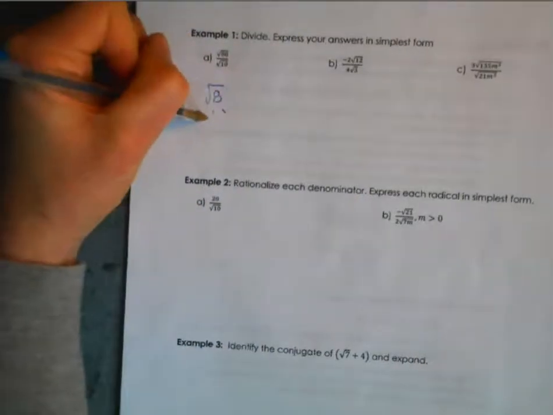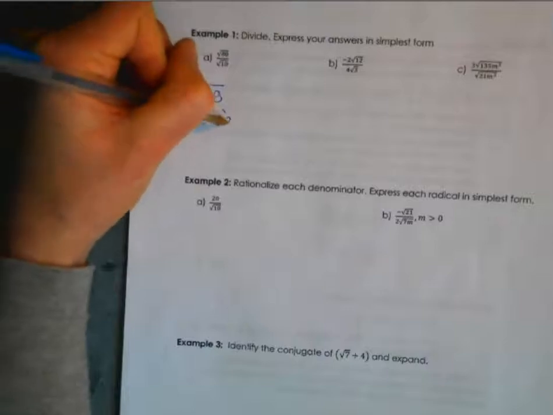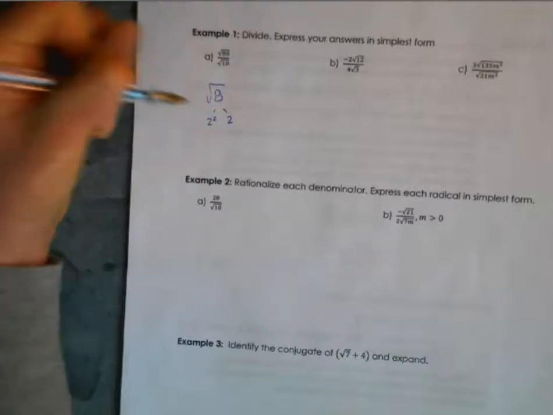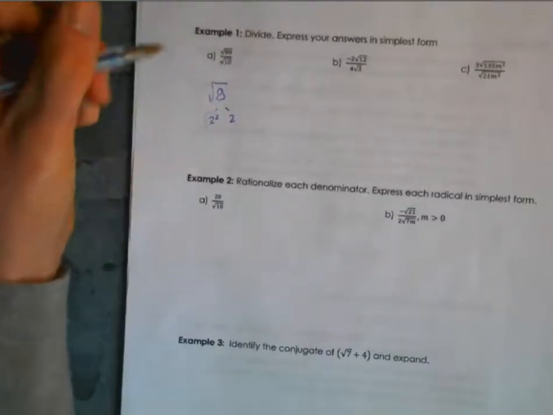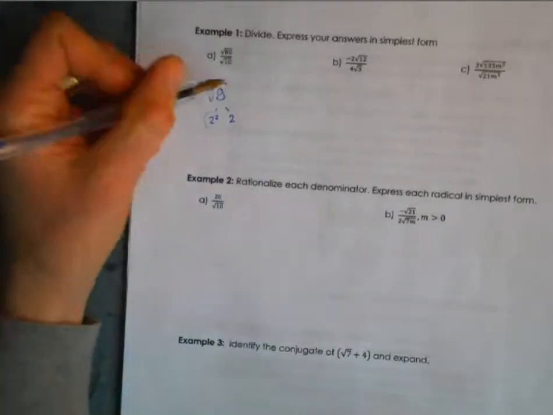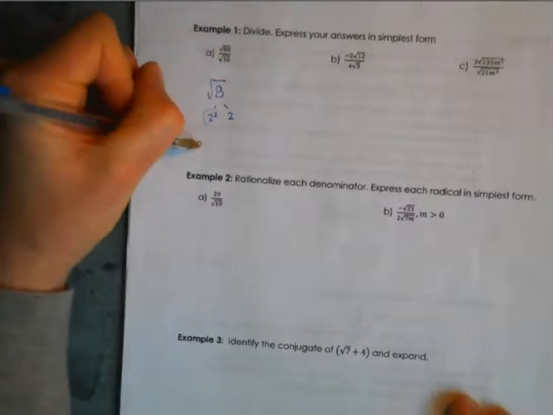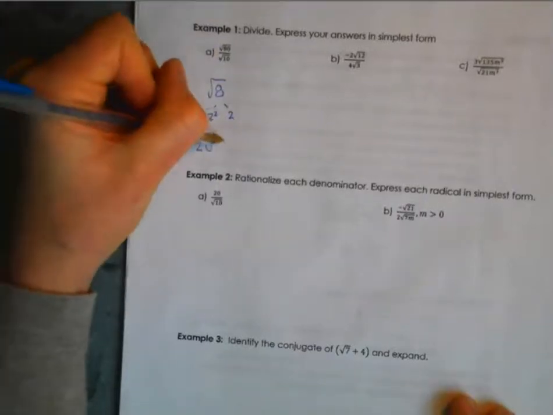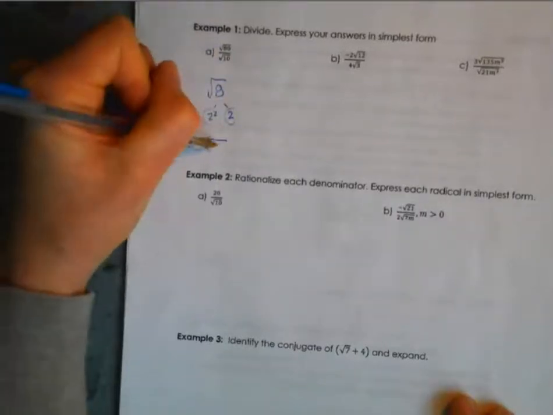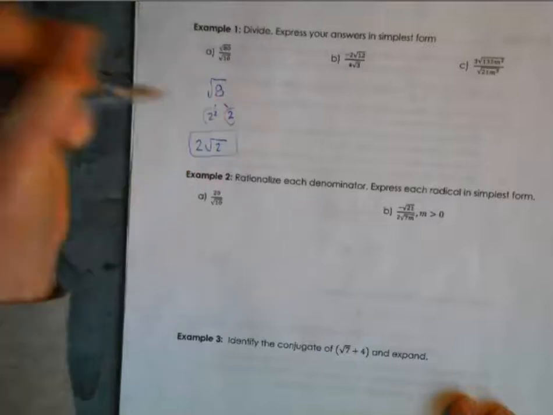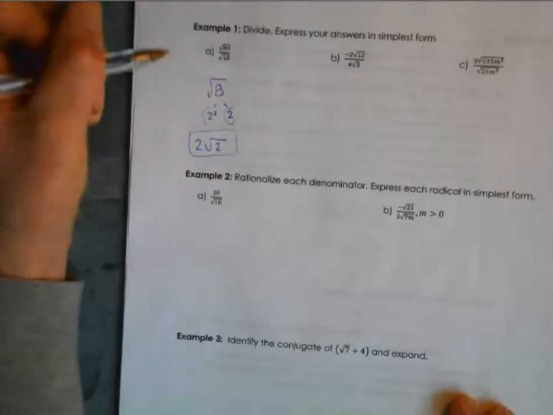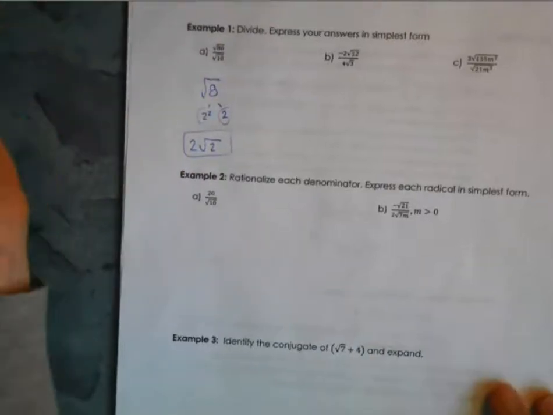So 8 is 4 times 2, and 4 is 2 squared, right? So we have one squared value, and remember the squared value can always be square rooted and moved outside the bracket. So the square root of 2 squared is 2, so it becomes our coefficient. And then the only thing left inside the bracket is another 2. And so that's our simplified version of root 80 divided by root 10.